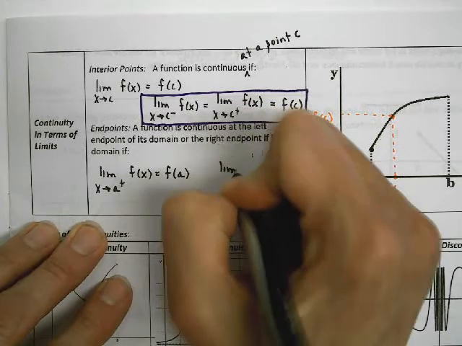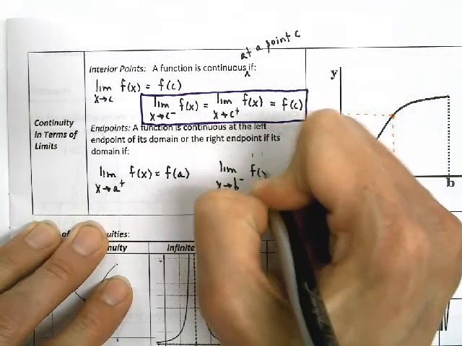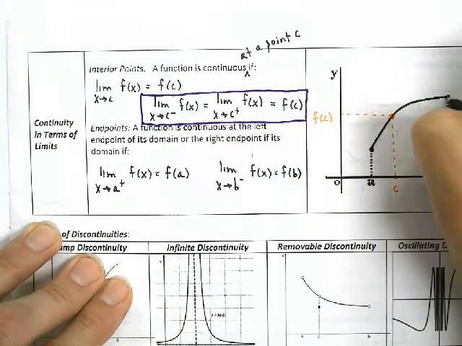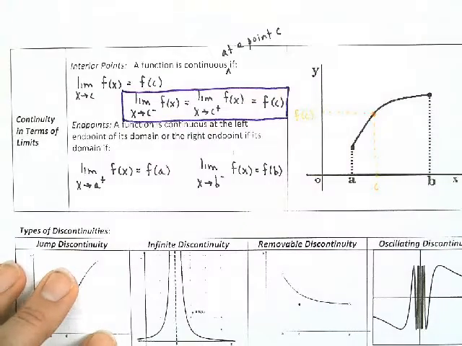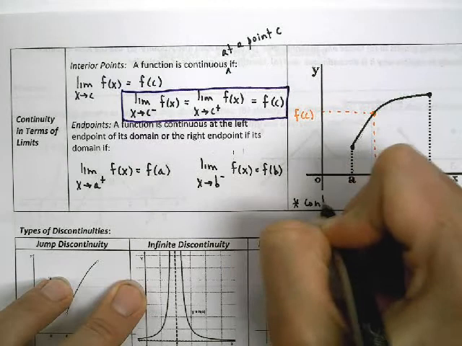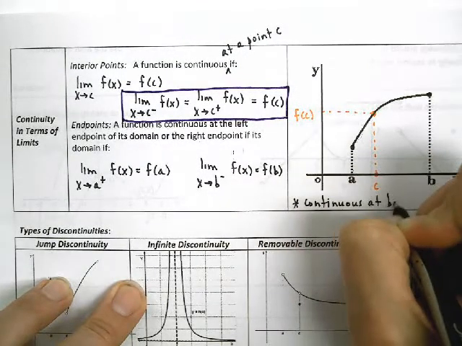Similarly, we could talk about the right endpoint and say the limit as x approaches b from the left of f of x equals f of b. And again, if we know that value is defined, we would say this is continuous at both endpoints.